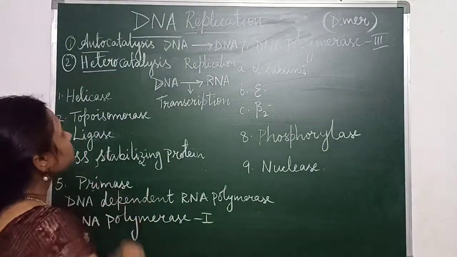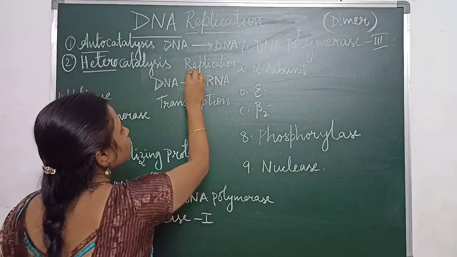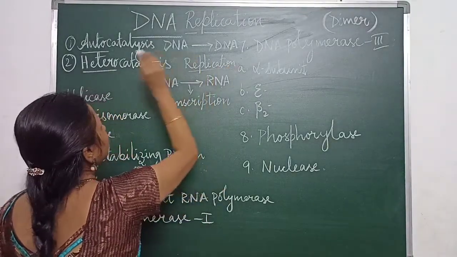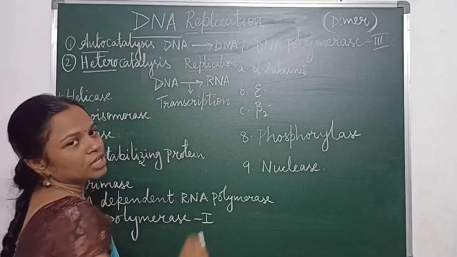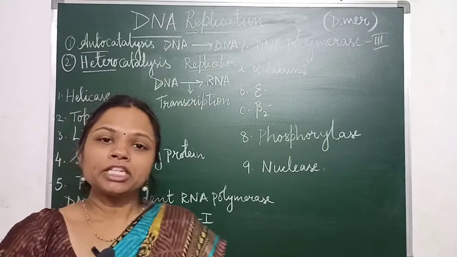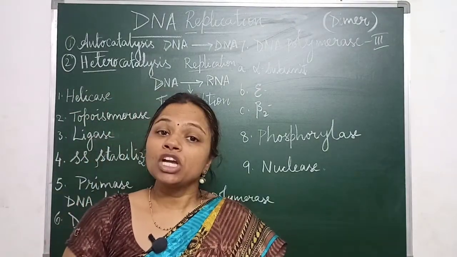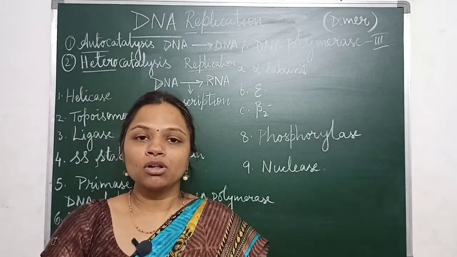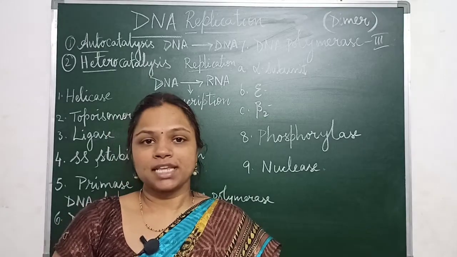So in this particular segment, we will be learning mostly about the replication process, that is nothing but the autocatalysis. Now, the replication of DNA is a very complex process and it involves different types of enzymes.